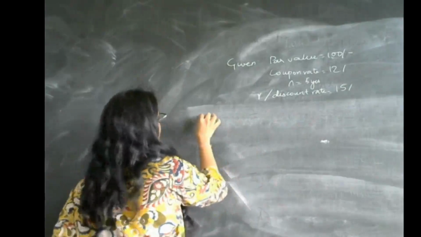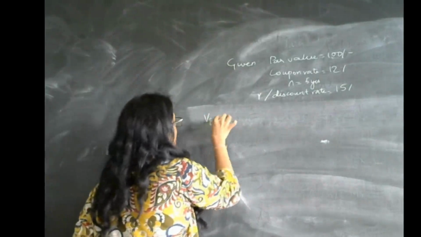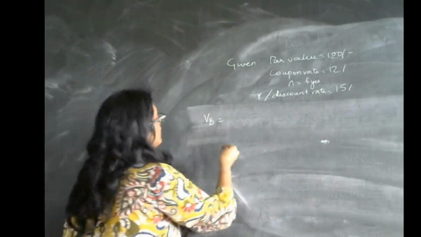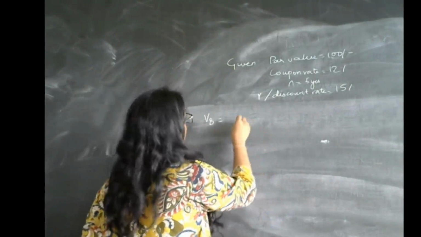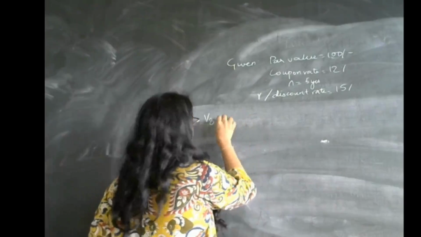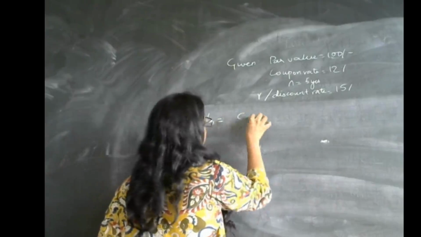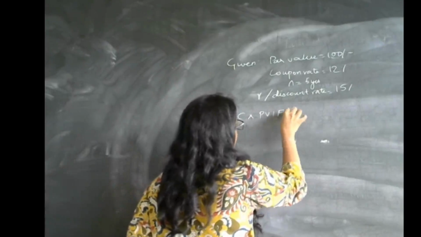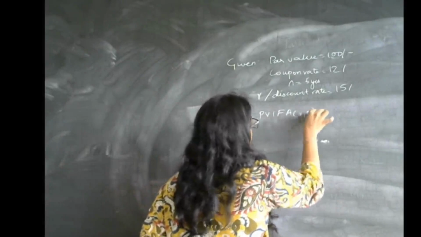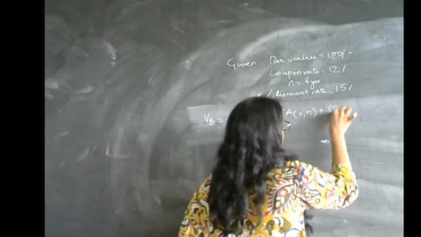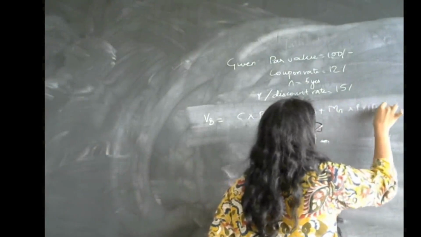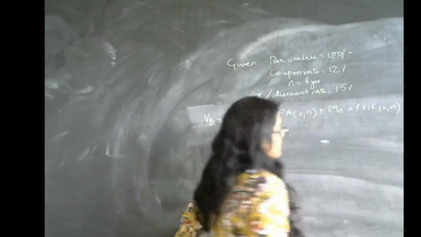I'll write down the formula. Value of bond is equal to coupon multiplied by present value interest factor annuity at the rate of R for n years plus maturity value multiplied by present value interest factor at the rate of R for n years.